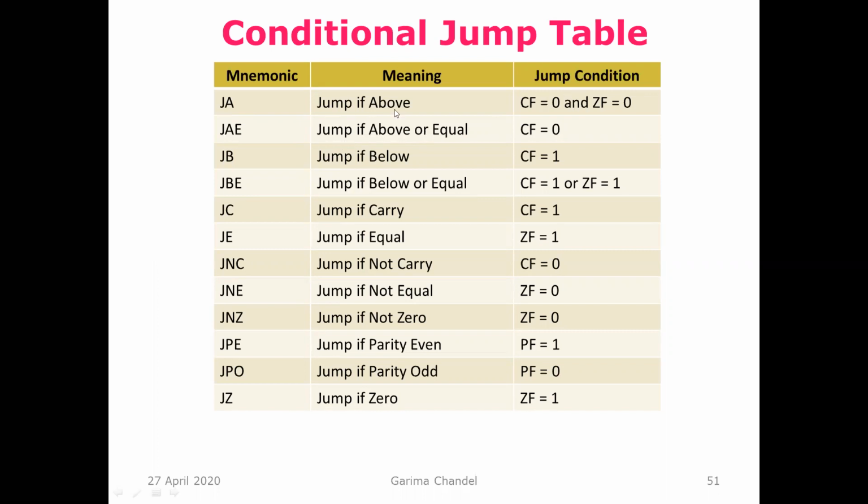Jump if above means it will check whether the number is greater or not. We know that if the number is greater, then the carry flag and zero flag are zero. Above or equal means it will not check the condition of the zero flag, because in case of equal, the zero flag is set. In a similar way, these are the different conditions it can check.